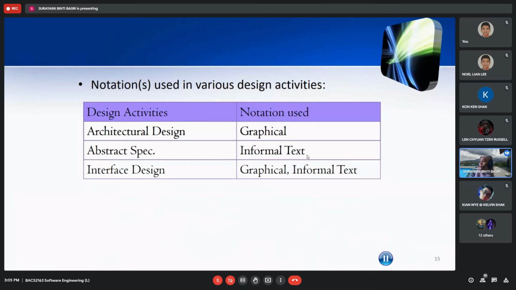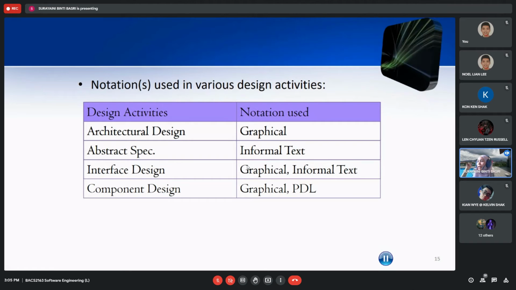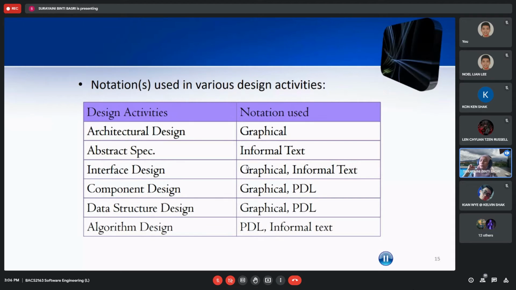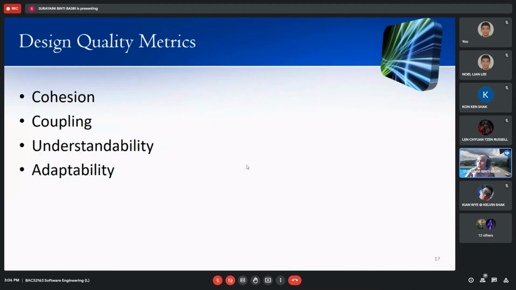For the interface design, we can use graphical plus informal text to explain the graphical notation. In the component design, we use graphical and program design language, which is PDL. For data structure design, we can use graphical plus PDL. For algorithm design, we can use PDL plus informal text. So far so good, right?